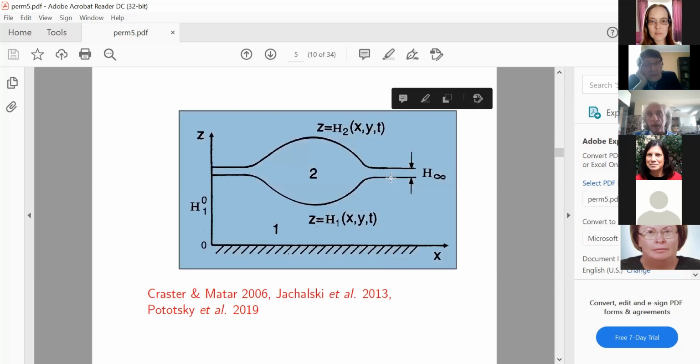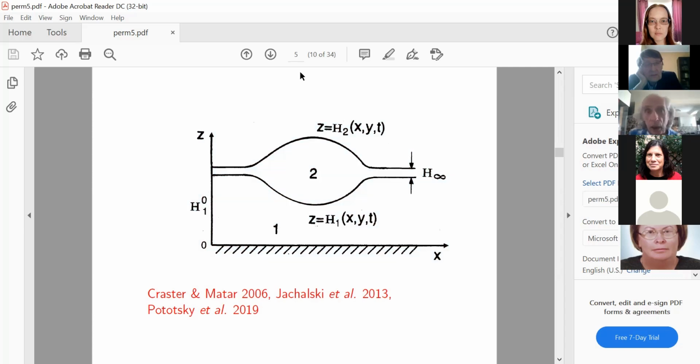It becomes very thin and doesn't act on anything else.